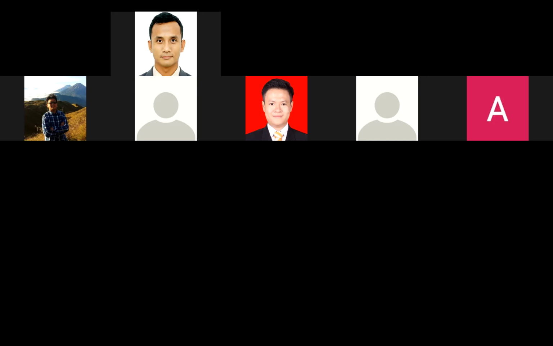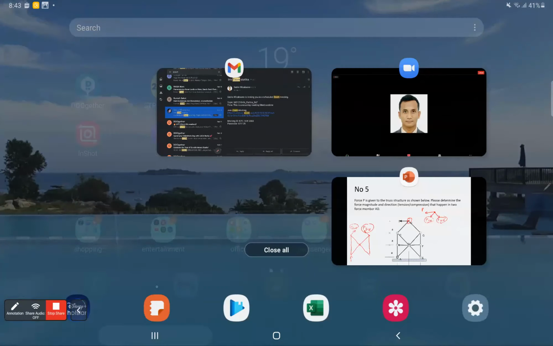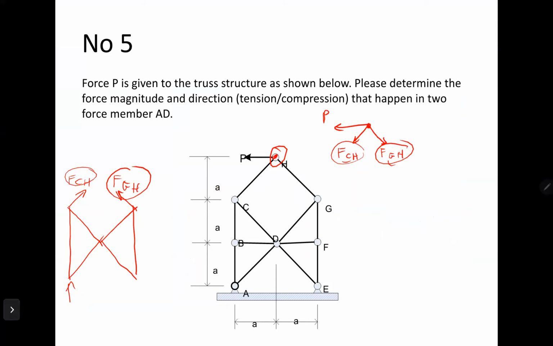Now here we have AY, AX, EY, EX. CH is known, but AX, AY, EX, EY, these four values are not yet known.